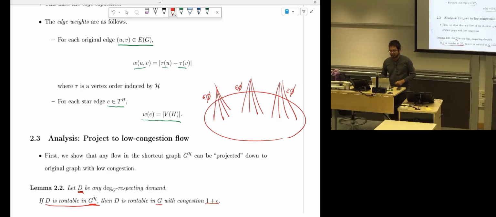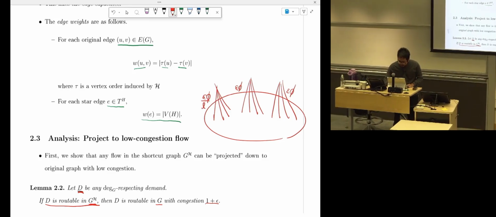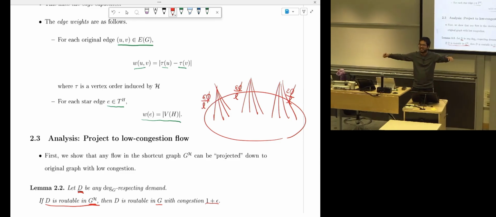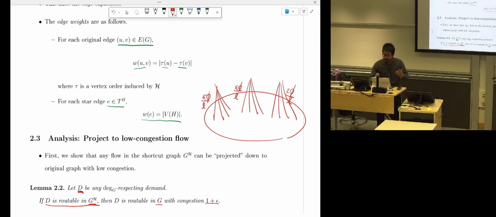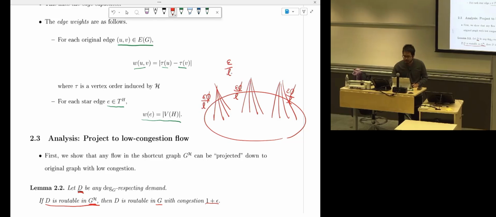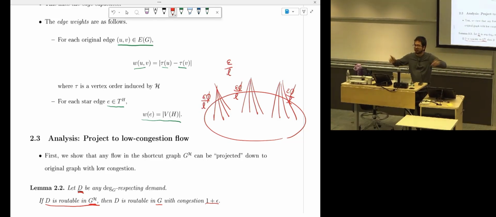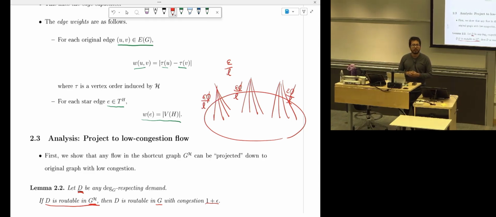That's why I set the capacity scale to be epsilon phi over L. So when we remove all the stars from one level, it increases the congestion by epsilon over L, and we do this for L many levels. So in total, the congestion will increase by epsilon. Make sense?